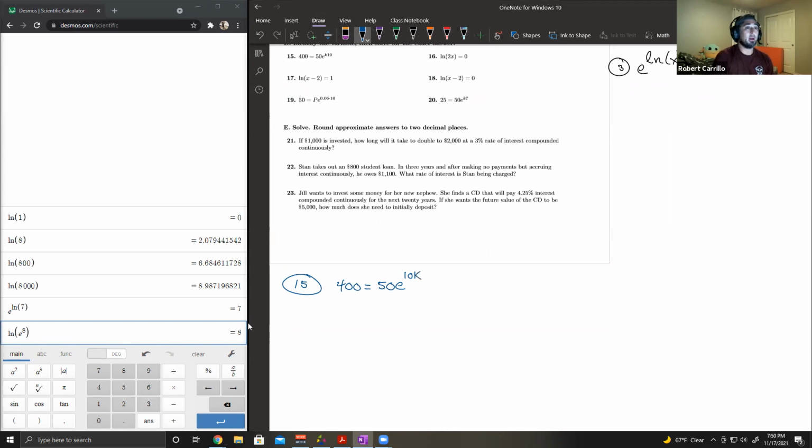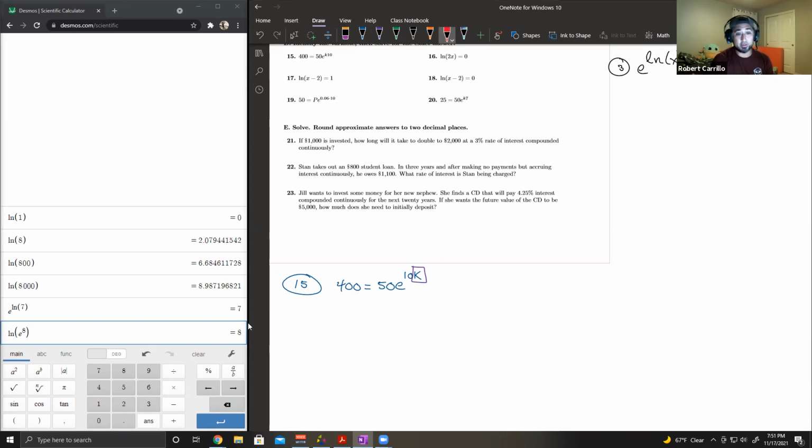10k. These instructions say identify the variable and solve for it. So in this equation, we are going to be solving for k. In order to solve for k, we have to get k down from being an exponent. The only way we're going to be able to do this is to rearrange this exponential function into a logarithm.